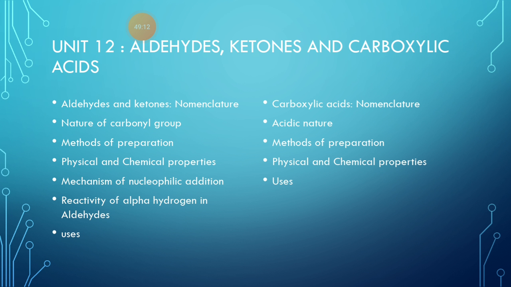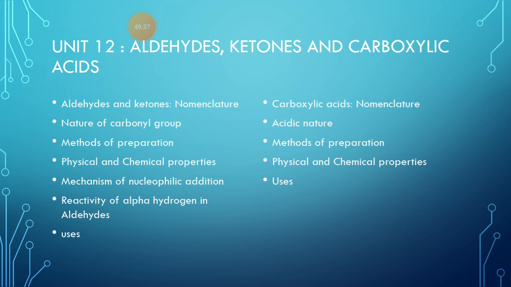Then the reactivity of alpha hydrogen in aldehydes. So what is an alpha hydrogen atom, what kind of reactions are given by aldehydes when there is an alpha hydrogen atom, and what kind of reactions are obtained when there is absence of an alpha hydrogen atom, that we are going to learn over here. Then the uses of aldehydes and ketones.